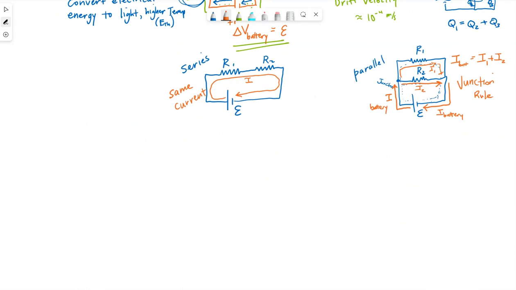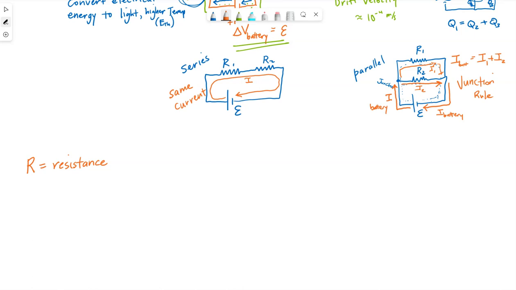So resistors are materials that are not really great conductors. Capital R we are using to represent the resistance of a resistor.